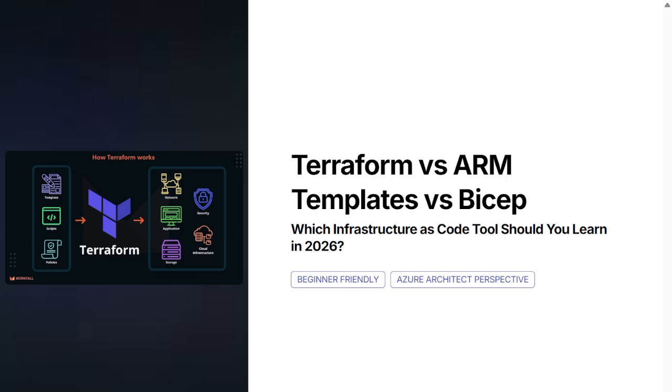We will understand what is infrastructure as code, how Terraform works, how ARM templates work, what makes Bicep different, and which tool is best for your Azure career in 2026. By the end of this video, you will know which technology you should focus on learning.